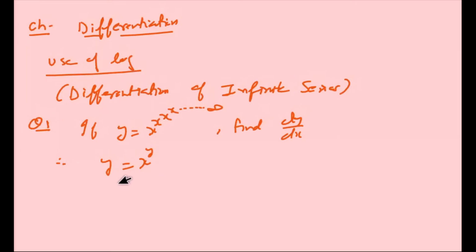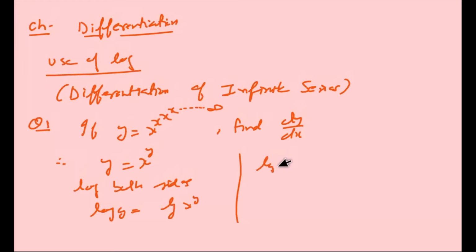In the previous video you already know, in this way we have to take log both sides. Taking log here and log of x to the power y, what we can write here? Log y equal to y into log x. Now differentiate both sides.